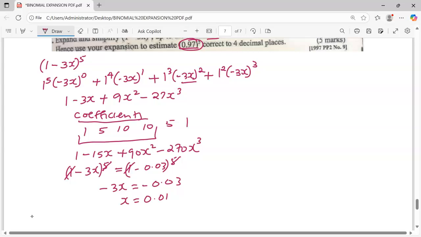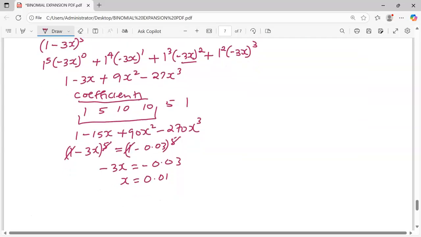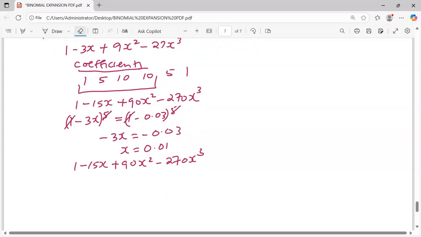Once we have gotten the value of x, we can substitute it back into our expansion. So the expansion is 1 minus 15x plus 90x squared minus 270x cubed. But remember, the value of x is 0.01.